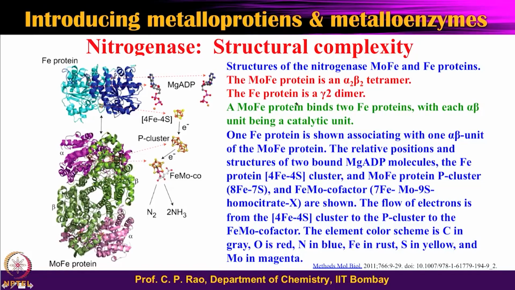So, this is the kind of thing. Therefore, it is an alpha-beta-gamma kind of protein. In this, alpha-beta is the catalytic part, and the gamma is the electron transfer part. Of course, there is electron transfer also present as P clusters in this one too. So, this is the kind of thing that we have.